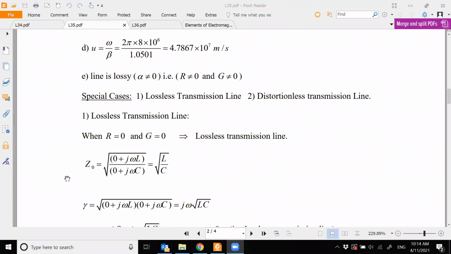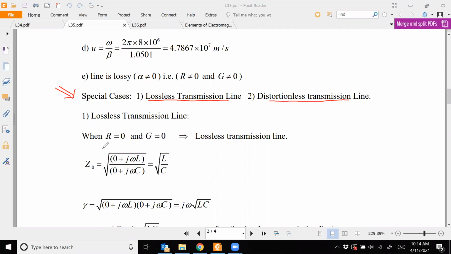Okay. So now we will go and look at two special cases of our transmission line. These are called the lossless transmission line and the distortionless transmission line. So what is a lossless transmission line?